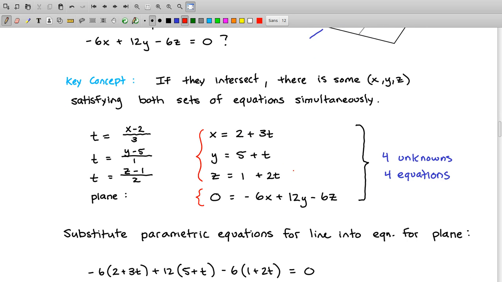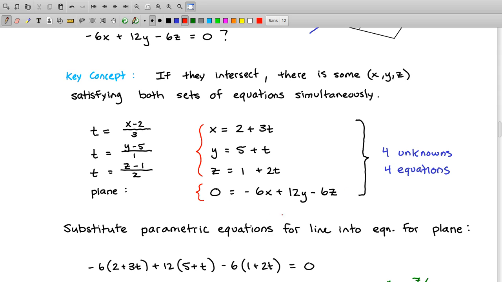And it looks like in general this is likely to be the case because there are four equations and there are four variables. x, y, z are the coordinate variables and then t is the parameter, which in principle is another unknown. So at least from a dimensionality perspective, in general, this might be expected to work out. So to solve these four equations for four unknowns, we can take advantage of their structure.